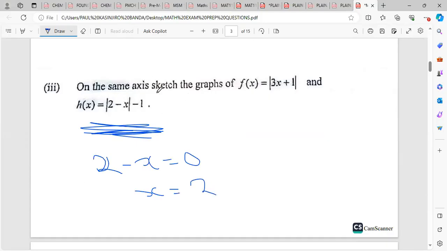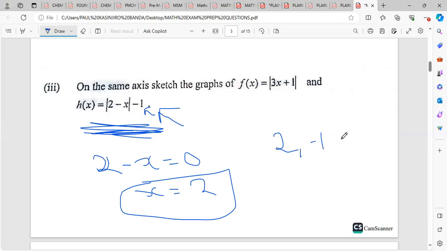But in this equation, we have a -1 outside. So it means that -1 is the point for the y. This -1 that is outside is the y value of the bouncing point. So you combine the value of x with the value of y, meaning this graph will bounce at (2, -1), because we have a -1 there.